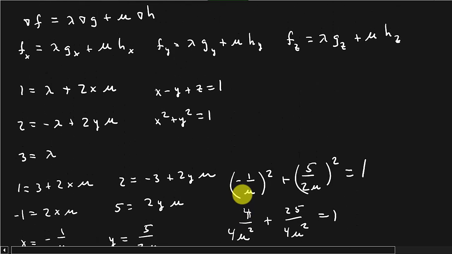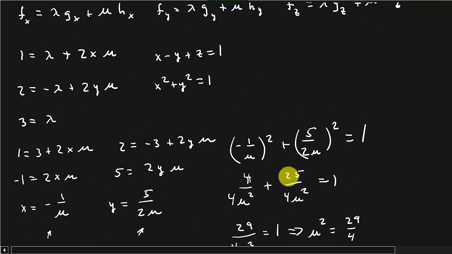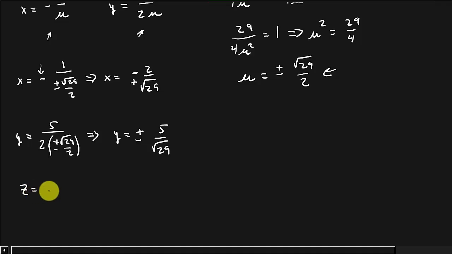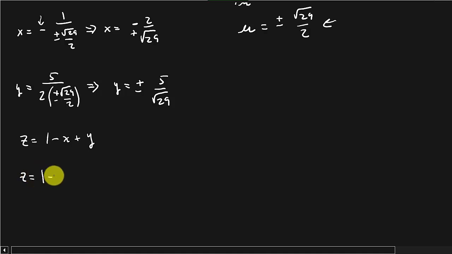So for z, let me find everything here. Oh, here we go. You see this, I can solve that for z. So z is equal to 1 minus x plus y. And so that's going to be z is equal to 1 minus negative, minus or plus 2 over square root of 29 plus or minus 5 over square root of 29.